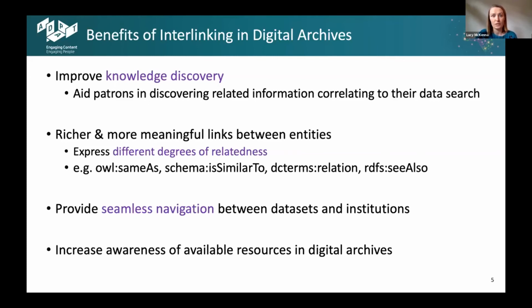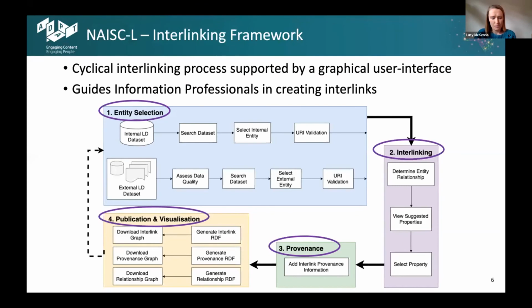So my work has been looking at linked data interlinking, and as part of my PhD, I developed an interlinking framework specifically for information professionals in libraries, archives, and museums.